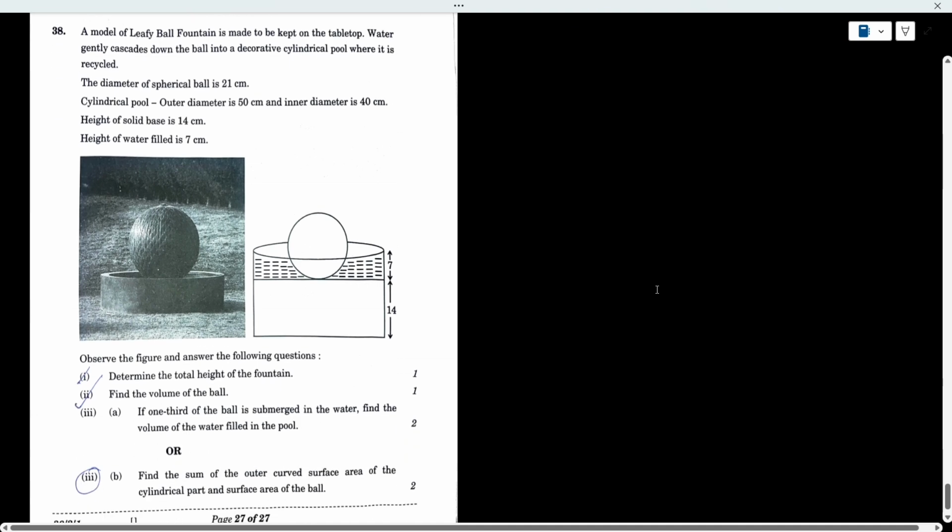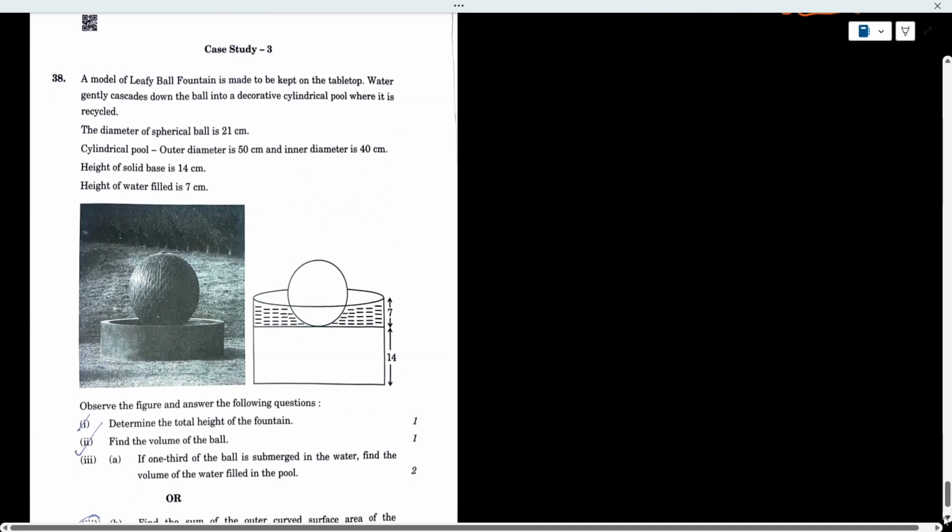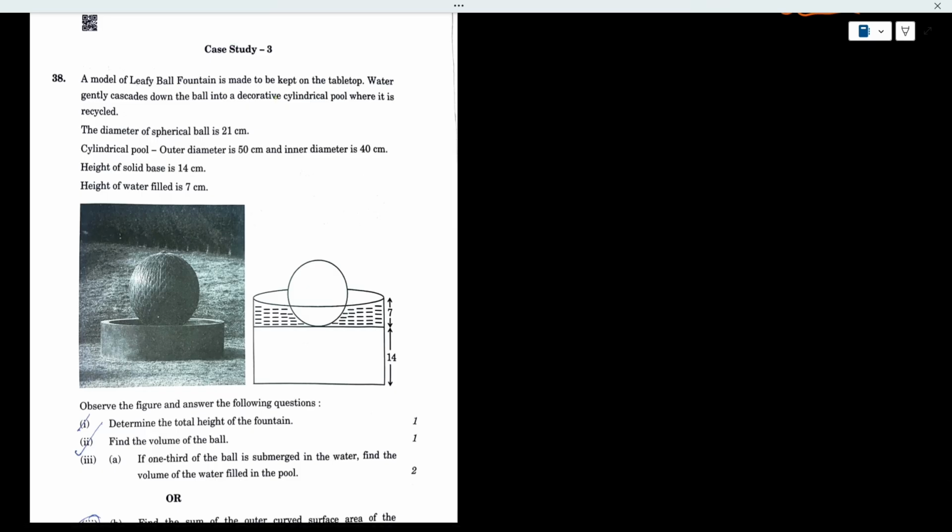This is the last question, a case study question. It says here, a model of a leafy ball fountain is made to be kept on a tabletop. Water gently cascades down the ball into the decorative cylindrical pool where it is recycled. The diameter of the spherical ball is 21 centimeter.